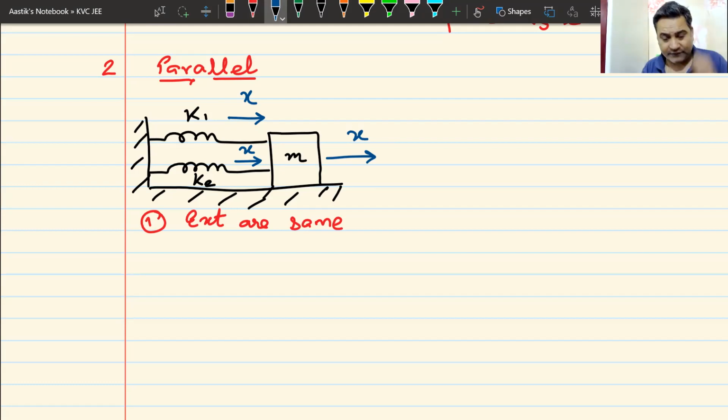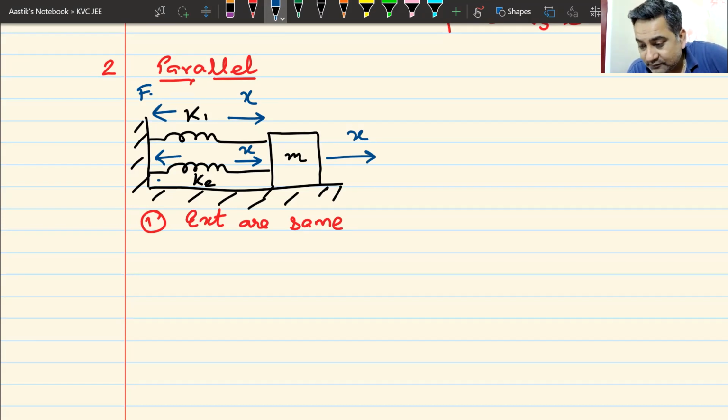Now let us talk about the force. The spring has been extended, so this spring will try to pull it here and this spring will also try to pull it here. Instead of me giving the answer, what about the force in the spring? Will it be the same or will it be different? Extensions are the same.